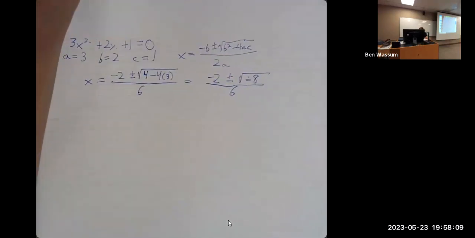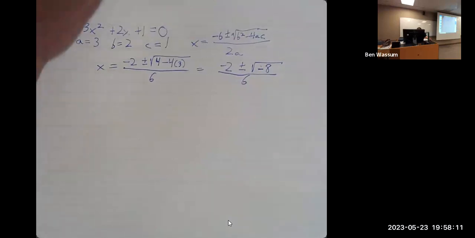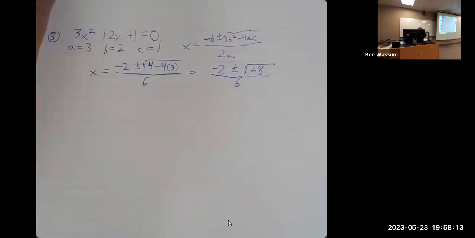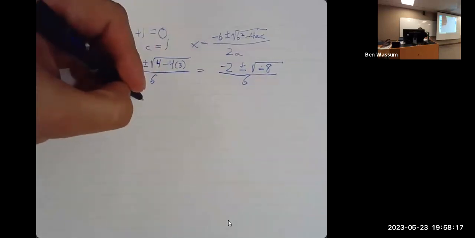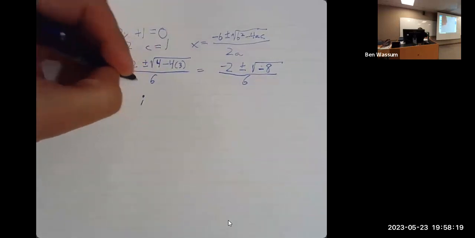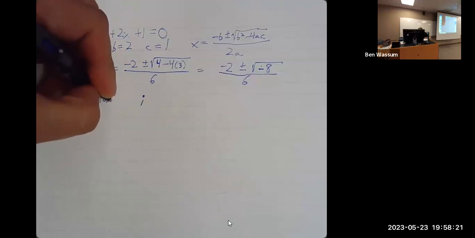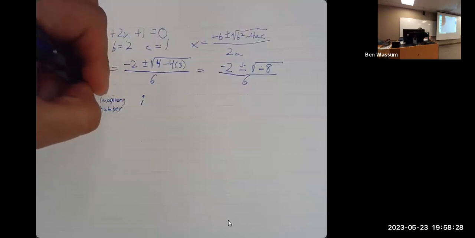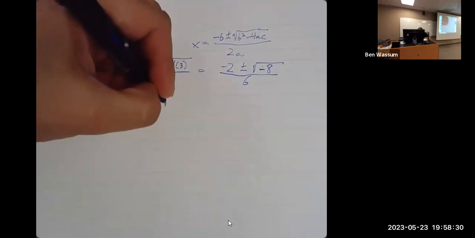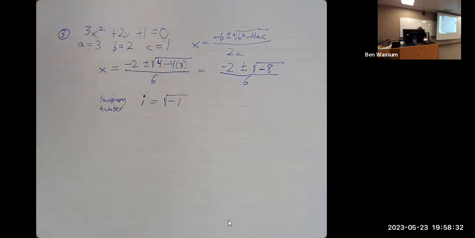Now, we are not yet at the point of playing around with what it means to have a square root of a negative. But hey, who cares? You're going to see it eventually, right? So this is something called an imaginary number, and that is defined as the square root of negative 1.